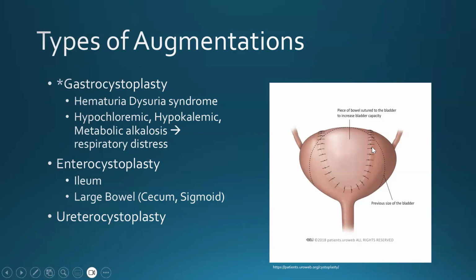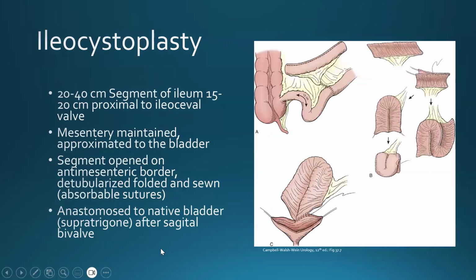And in order to perform this procedure, the bladder is essentially clamshelled, and then the aforementioned tissue is sewn onto it. And so here is a depiction of that. This is an ileocystoplasty. It utilizes a 20 to 40 centimeter segment of ileum that is 15 to 20 centimeters proximal to the ileocecal valve. The mesentery is maintained, of course, and it is approximated to the bladder.